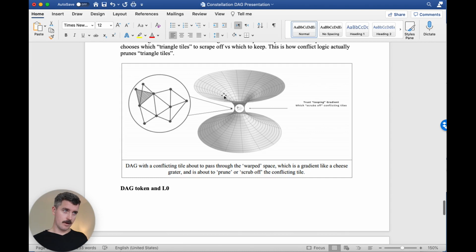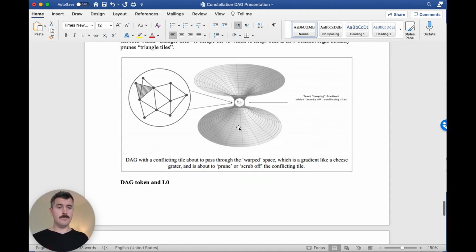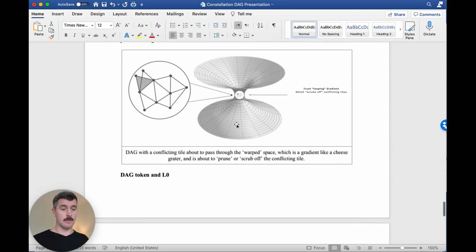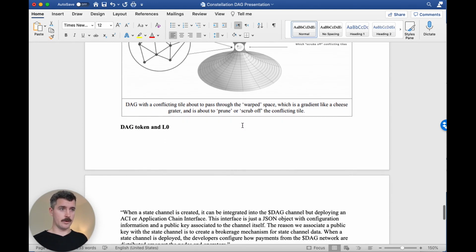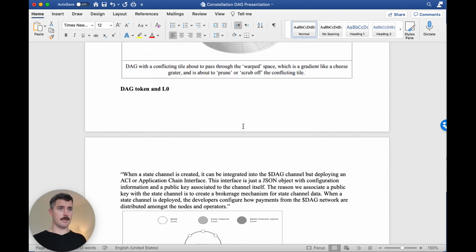You've got information being passed through the hypergraph, trying to make it through this funnel. If it's not getting the right treatment by the nodes, then it gets cut off. And I should say, in that event, it doesn't mean that the data is just lost. All that happens is that the transaction will have to be resent. So it's not like there's some sort of irreversible consequence to that happening.